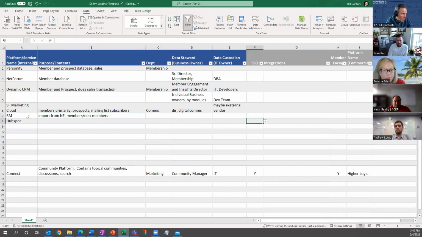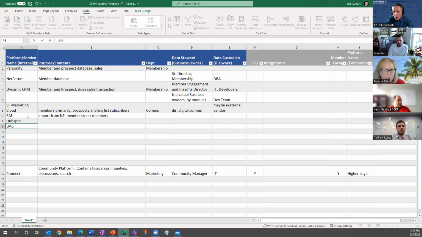Good. Okay. Let's go down to learning. Then we talked about that. I see a lot of different scope when it comes to LMS. Sometimes it's really just a list of courses. Other times it's something much more complicated than that, with certifications and different tracks and things of that sort.